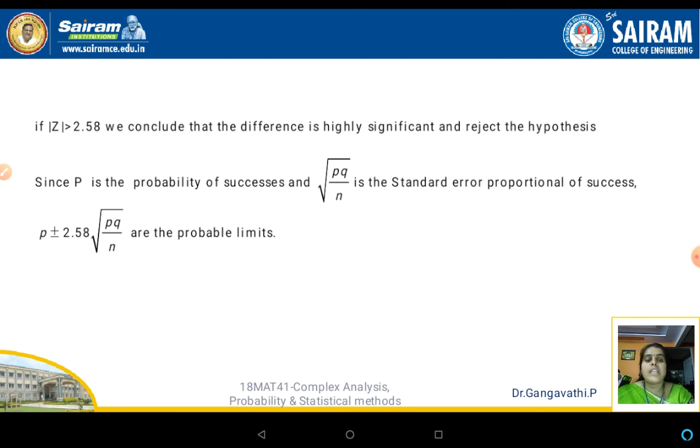It is evaluated using this expression: P plus or minus 2.58 square root of PQ divided by N are the probable limits for testing the hypothesis at the significance level, according to which the hypothesis is accepted or rejected.